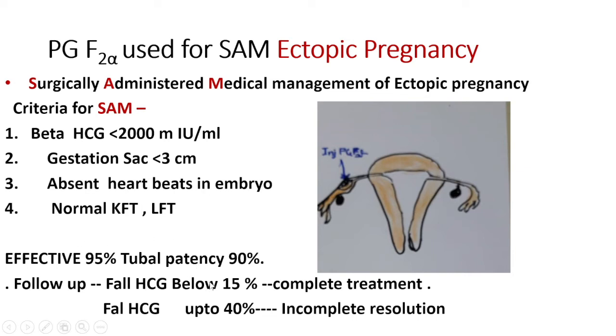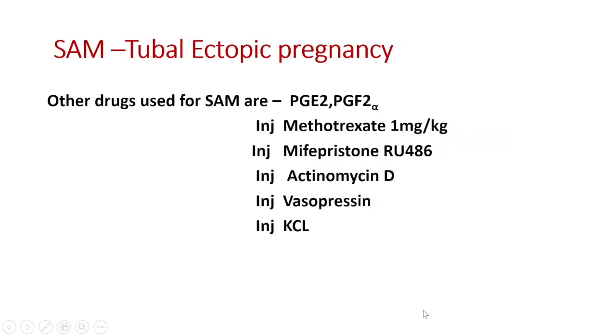If the beta HCG level falls below 15%, means there is complete resolution of this ectopic pregnancy. But if fall is up to 40% only, then it is an incomplete resolution of the pregnancy. Other drugs which are practiced for SAM are PGE2, F2 alpha, injection methotrexate, mifepristone RU486, actinomycin D, injection vasopressin and injection KCL.